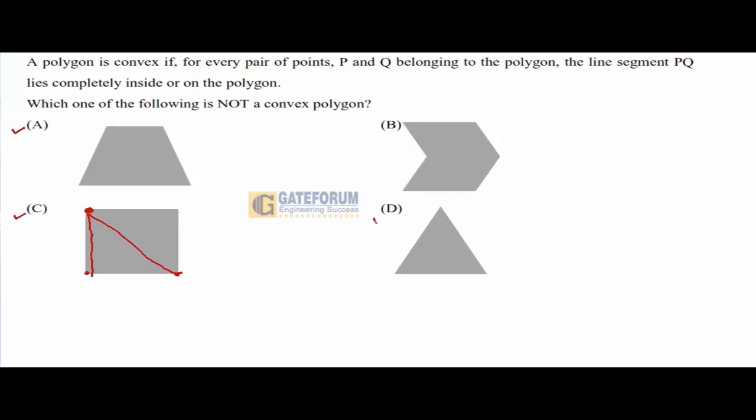As you can see, this is also a convex polygon because anywhere you take P and Q, the line segment will always be on the polygon. But let us take this one. If this were P and this were Q, see, the line segment lies outside the polygon, right? And hence you will say that this is not a convex polygon, and hence our option.